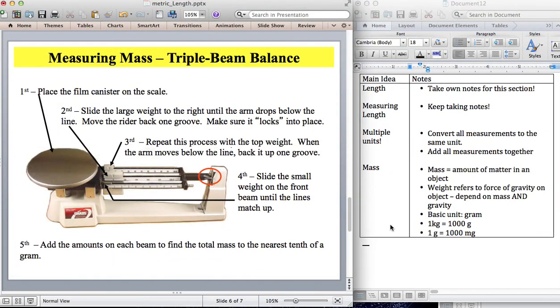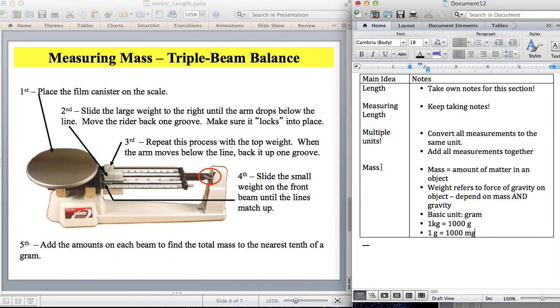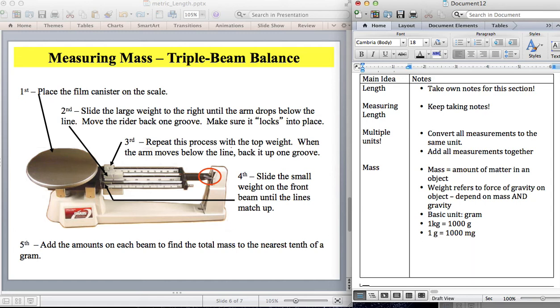So to measure mass on our triple beam balance, let's get down here. Measuring mass. We're going to practice this in class. It seems a little tricky when you explain it over the computer, but it's really not that hard. We use the triple beam balance.